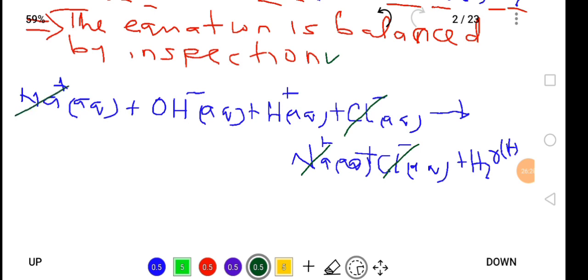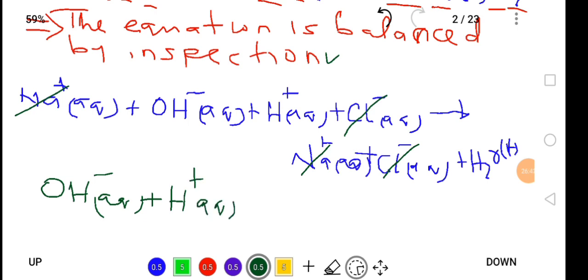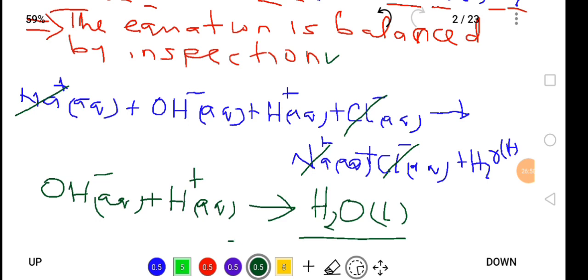So finally, we are going to remain with the hydroxide ions in aqueous state plus the hydrogen ion in aqueous state, that is going to give us water in liquid state.